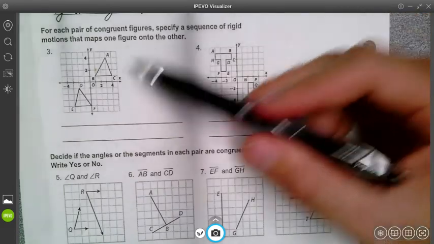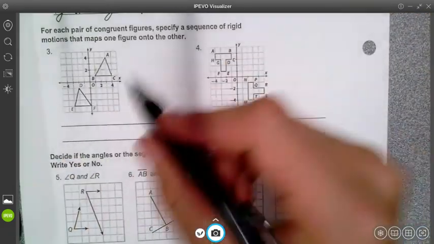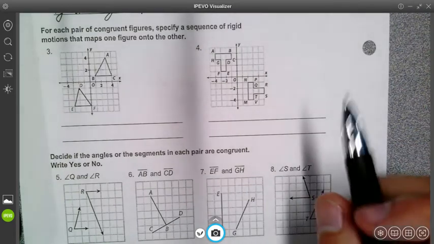Okay, so while I look at this problem number 3 here, I need to notice which points relate to which in each triangle.